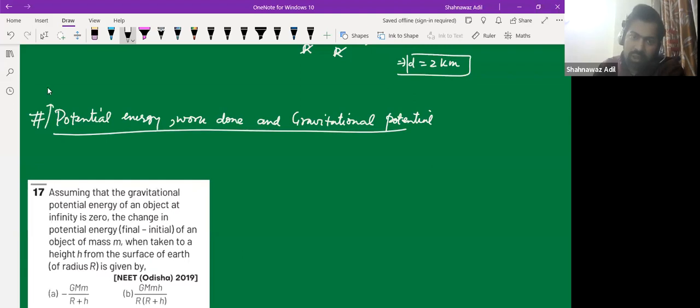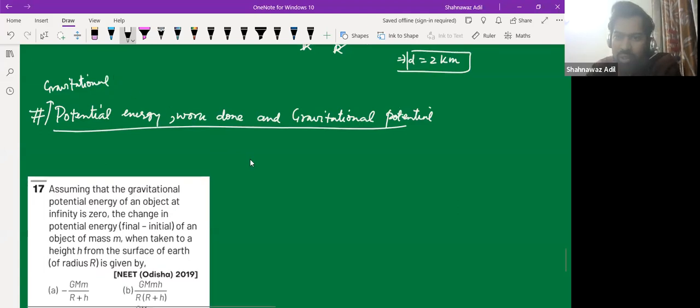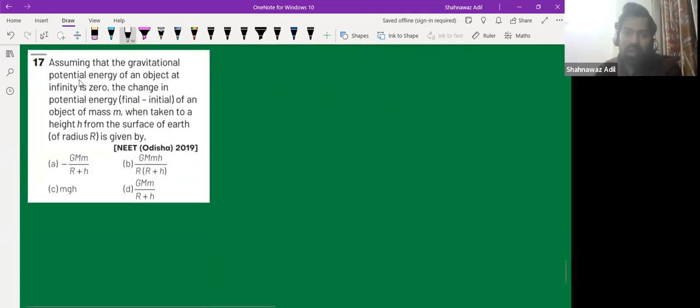And this is also the gravitational potential. Okay, so this is the question. Assuming that the gravitational potential of an object at infinity is zero, right? So this is the initial condition. The change in potential energy of an object of mass m when taken to a height h from the surface of the earth, right? So we have to calculate the change in potential energy.